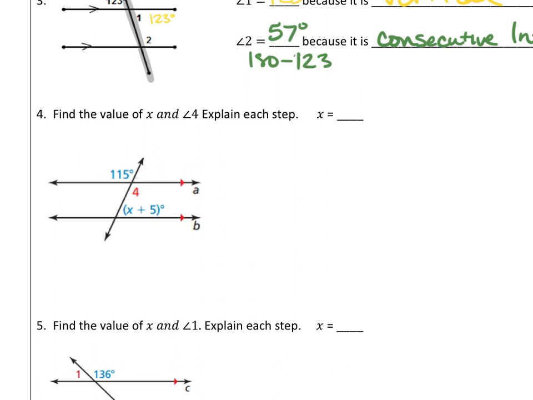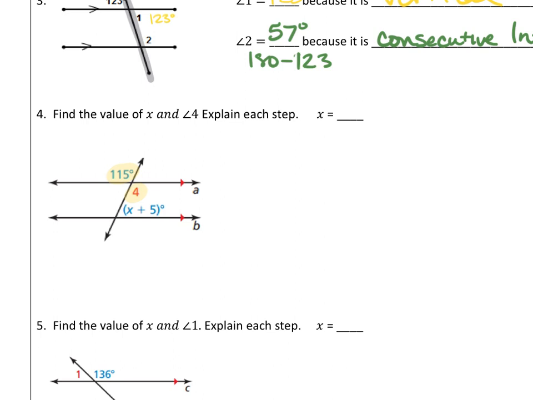All right, let's figure out some things we know. If we're looking for the value of angle 4, is it somehow related to something we already know? How are these two things related? They're vertical, and now vertical means that they are what?